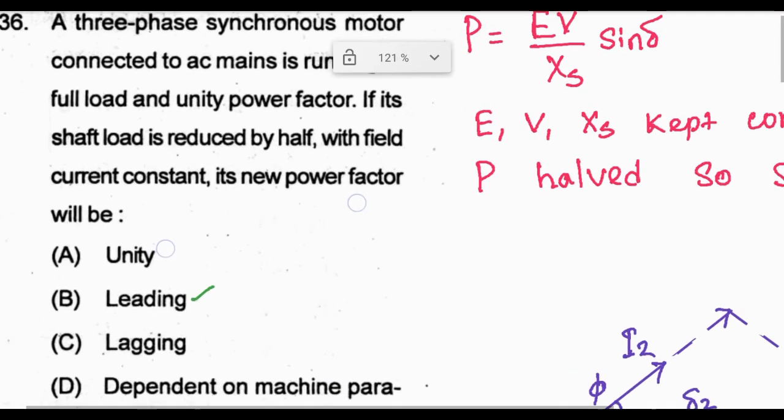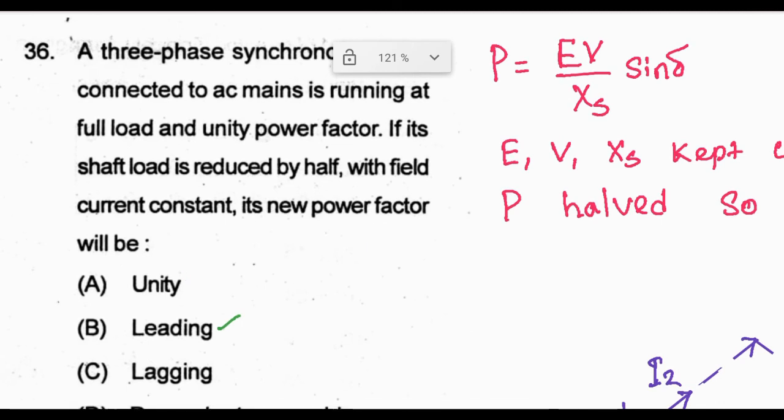Question number 36 is given that a 3-phase synchronous motor connected to AC mains is running at full load and unity power factor. If its shaft load is reduced by half with field current constant, its new power factor will be. So given that a 3-phase synchronous motor connected to AC mains is running at full load and unity power factor.